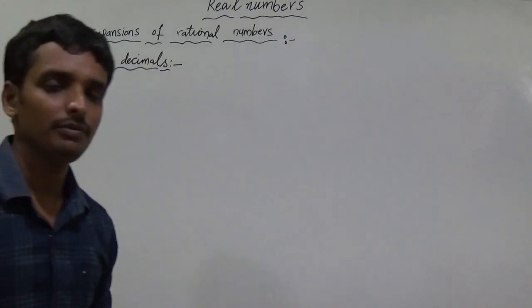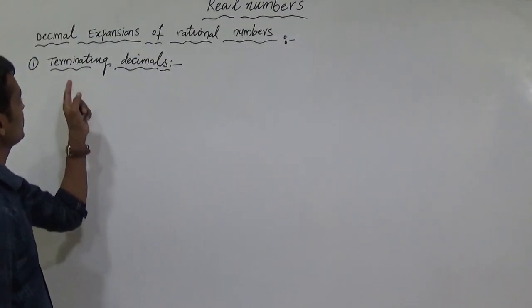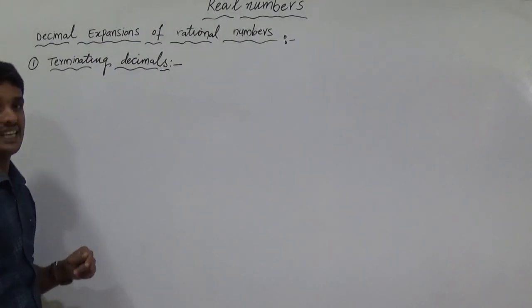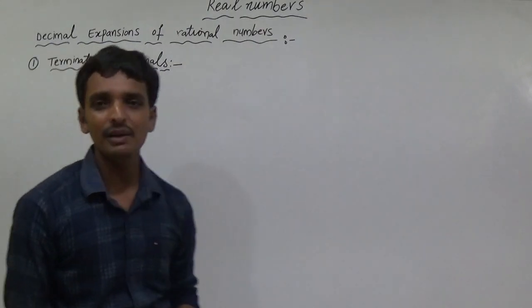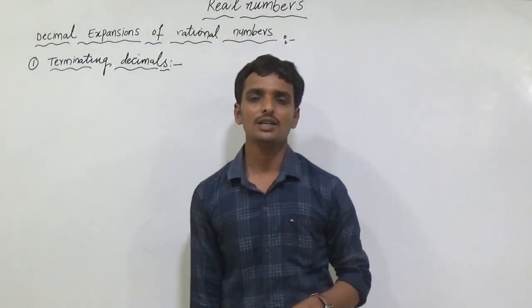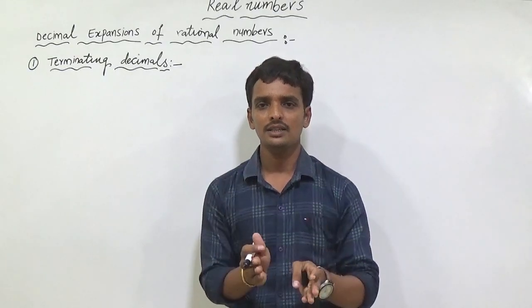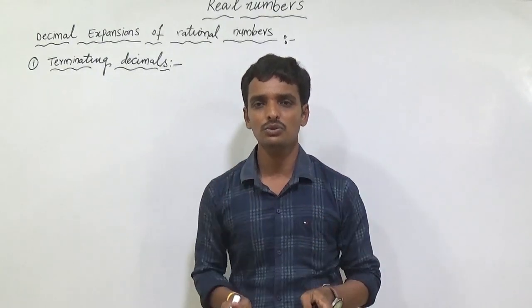Look at the board, all of you. Observe the board. Here, the first thing is terminating decimal. The word terminate means stop. They stop somewhere. They can stop at 6, they stop at 4, or they stop at 2.